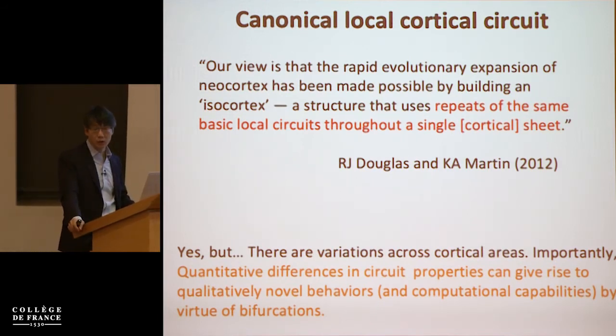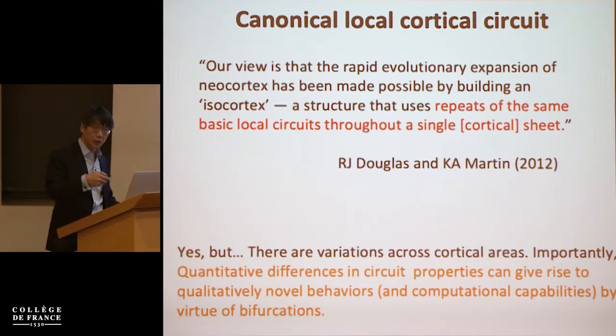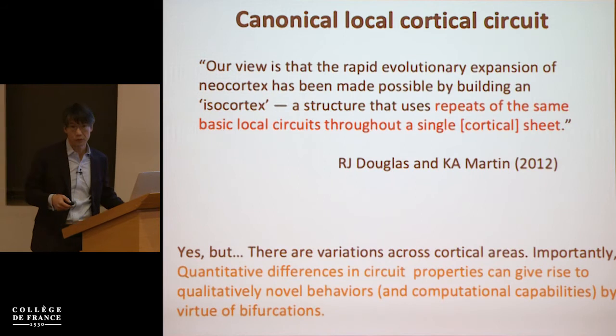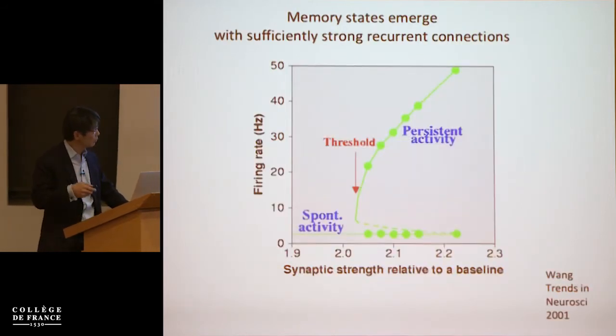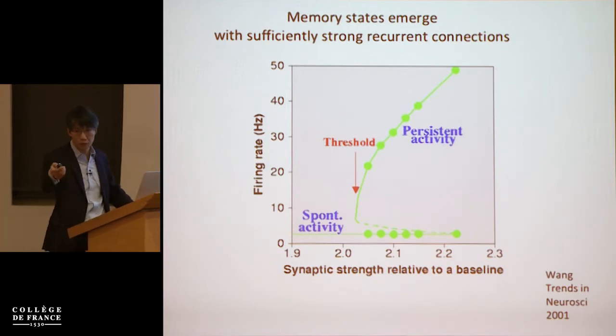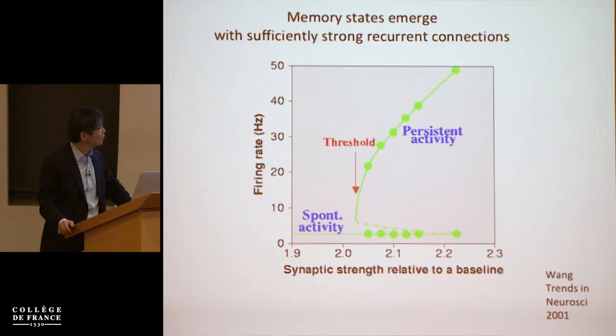You can have what's called bifurcation phenomena in mathematics, and that allows the emergence of novel behavior based on quantitative differences. We came from this tradition, which involved many other people in the field, including Van Sang, for example, and perhaps many others in the audience, that in physics there's this bifurcation phenomenon.